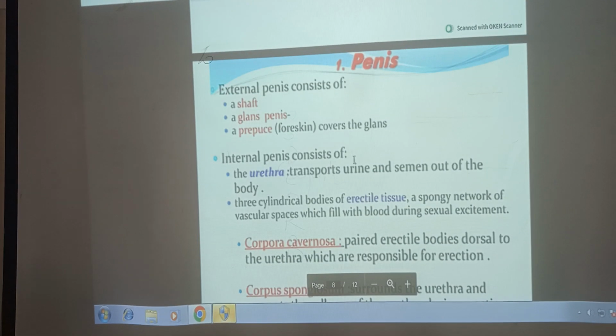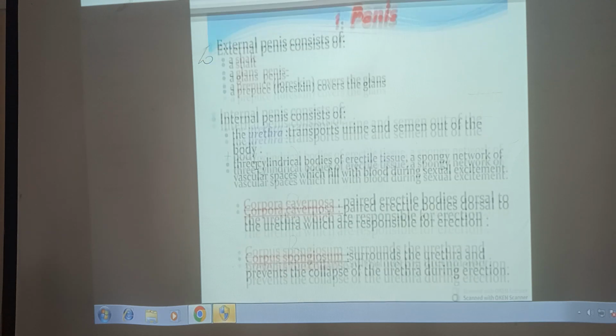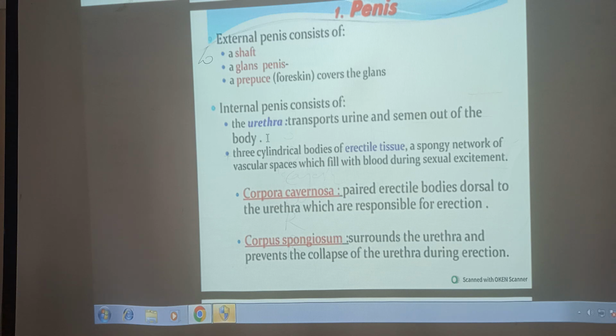This is the penis. The external penis consists of a shaft and a glans penis. A prepuce covers the glans. The internal penis consists of a urethra, which transports urine and semen out of the body. Three cylindrical bodies of erectile tissue, a spongy network of vascular spaces, are filled with blood during sexual excitement.